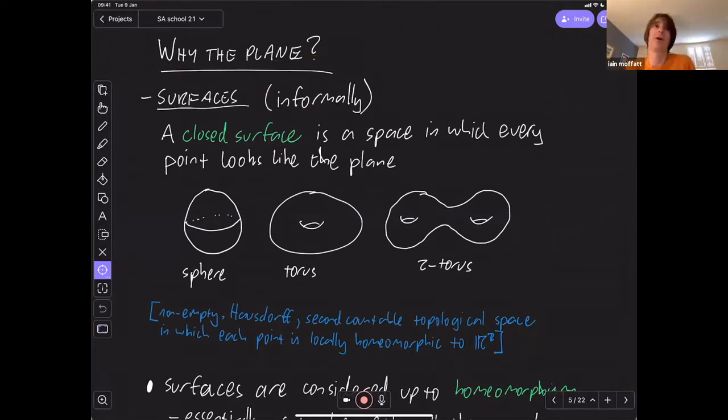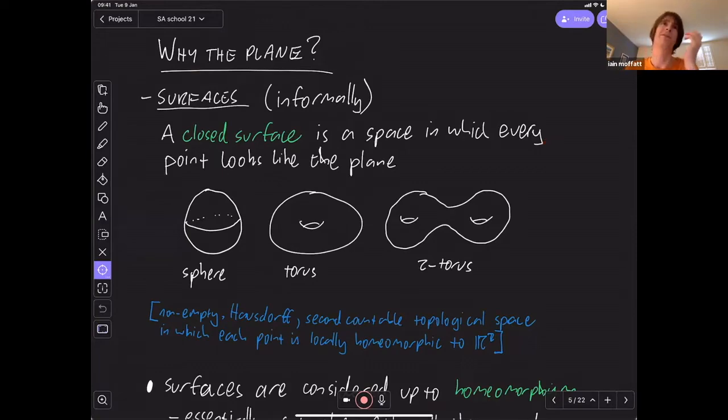Why draw them in the plane and not on something else? So what I'm going to do is just give you a quick reminder of surface topology in case you haven't seen it before, and a quick overview of the main ideas. If you have seen it before, you can probably just relax for a few more minutes. I'm not going to be saying anything that is not standard.